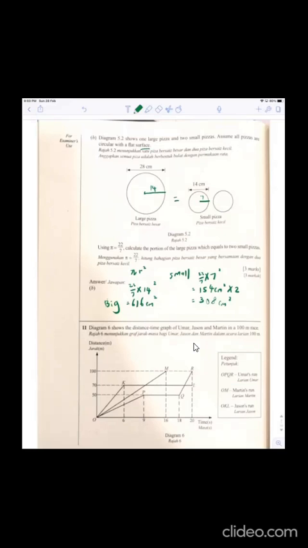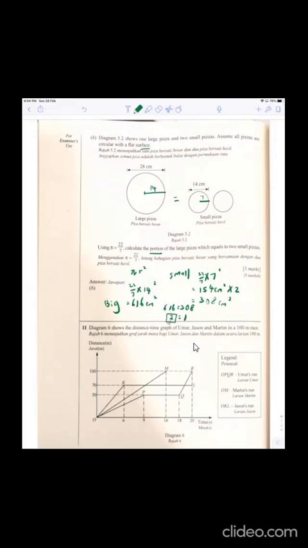Okay, they say portion. That means the big one is 616, and this by 308. So you divide by 308. Here you get 1, here you get 2. So that means the first one must equal to 1.